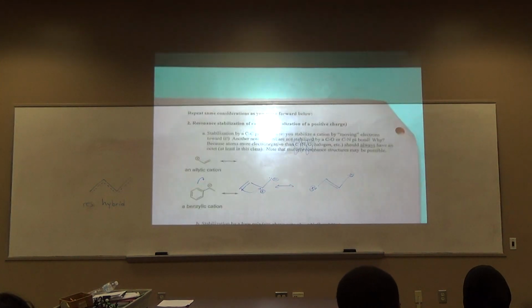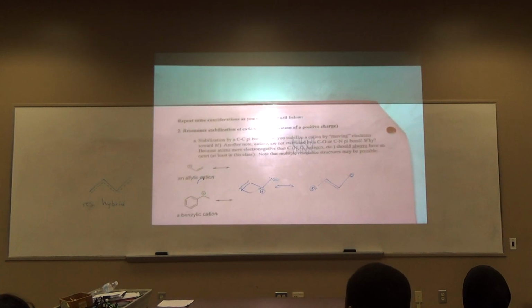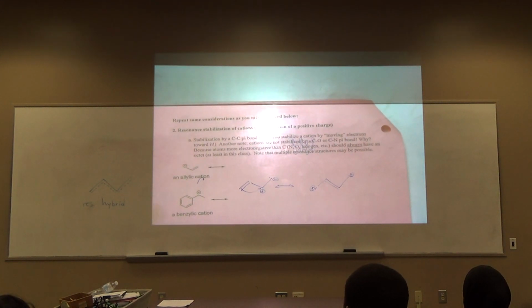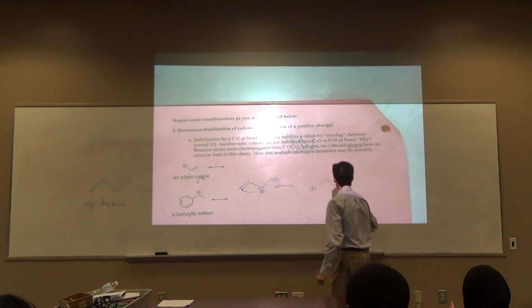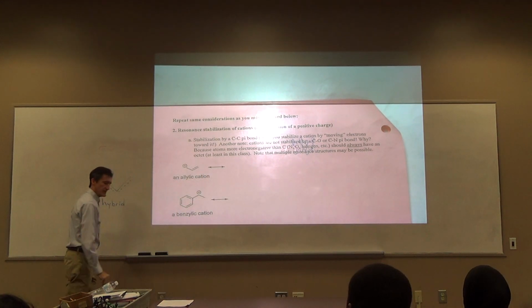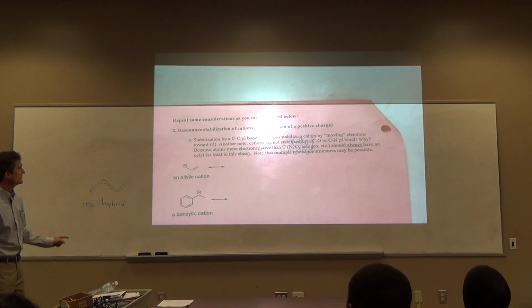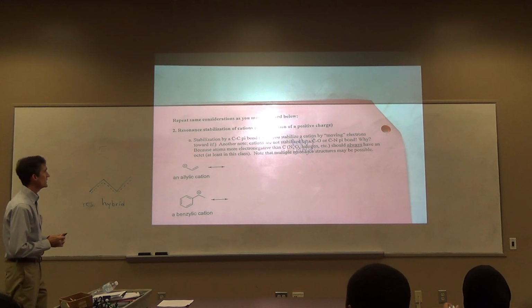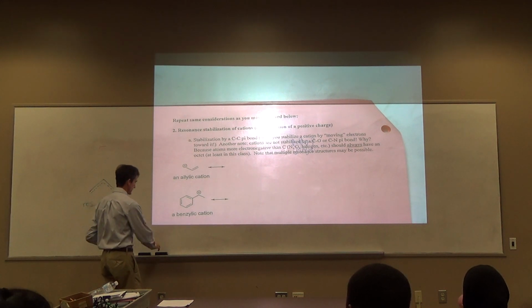Dealing with charged species, things are a little easier to nail down. Ultimately, one of the things that resonance does for us is stabilizing charges. Very big in stabilizing charges. Let's look at stabilizing positive charges.